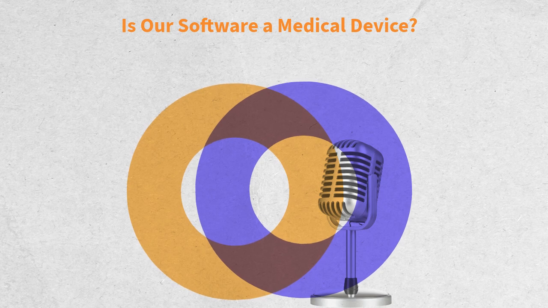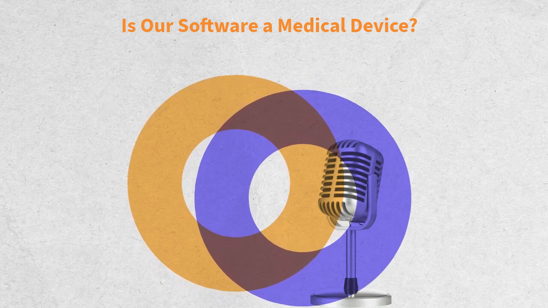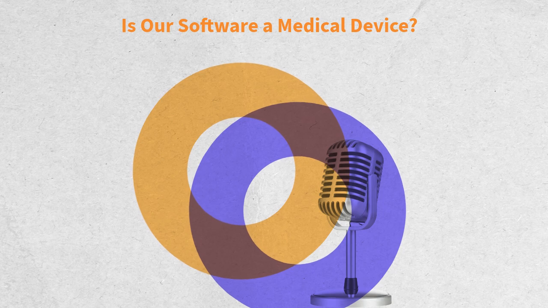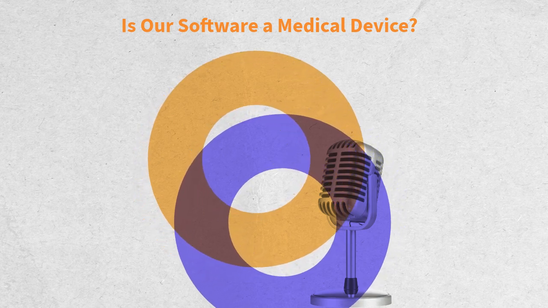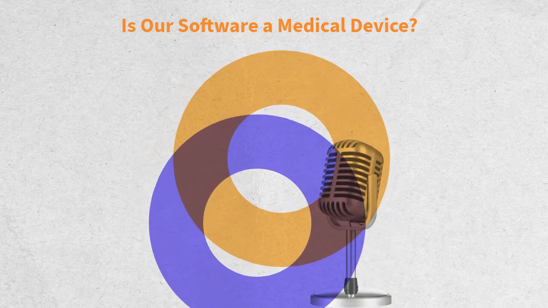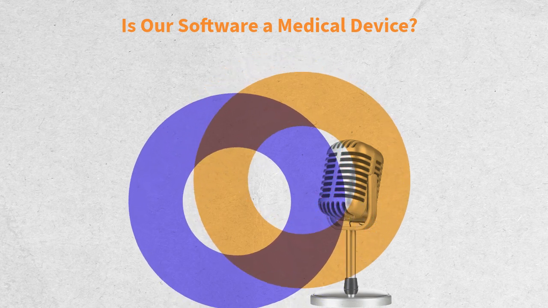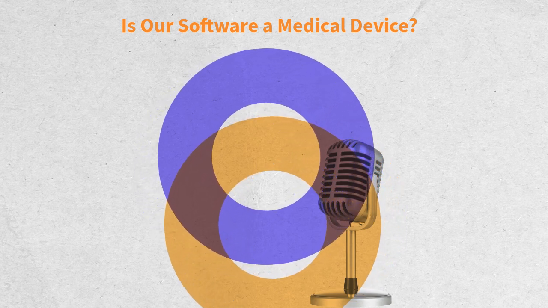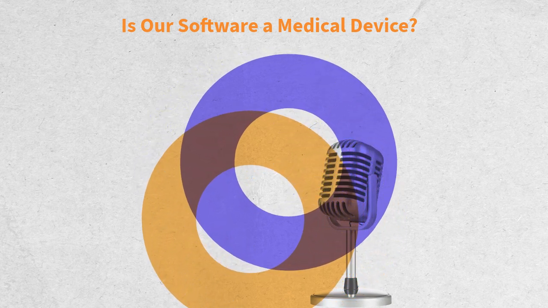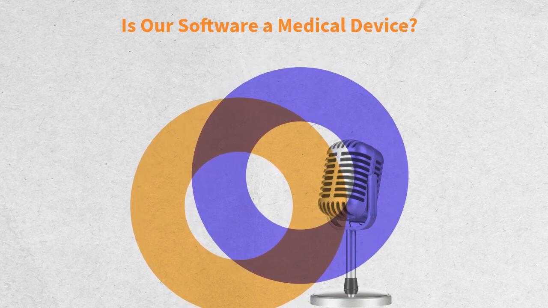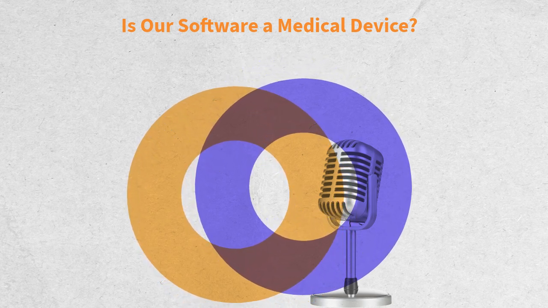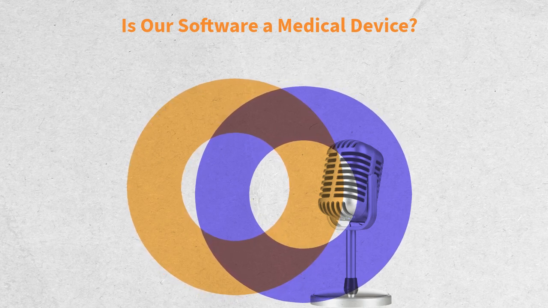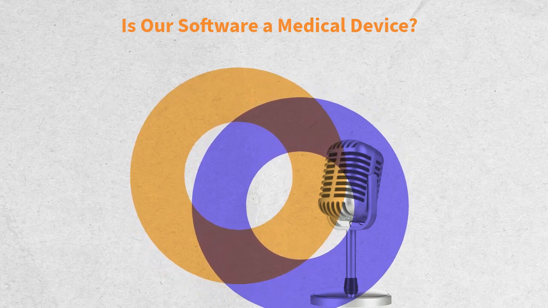If it is used to monitor the trend of a disease, it is a medical purpose. If it supports a therapeutic process, such as dose calculation, it is a medical purpose. If it prevents pathological conditions, it is still a medical purpose. Carefully defining this element is the first step to understand if the MDR requirements have to be followed.